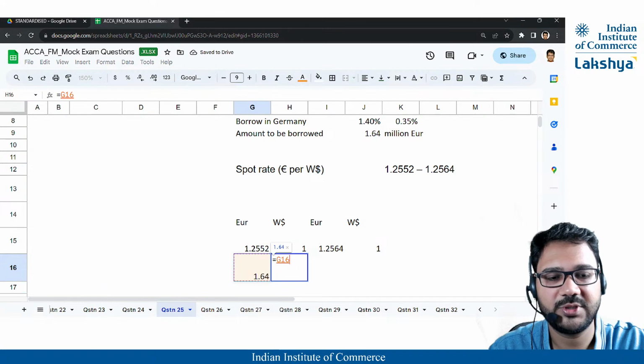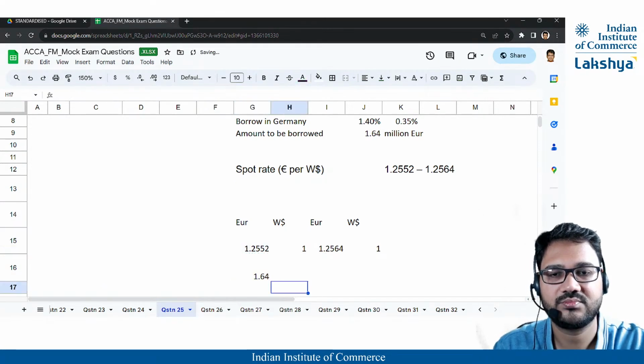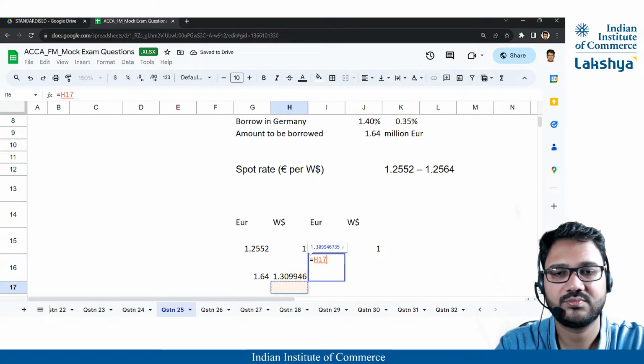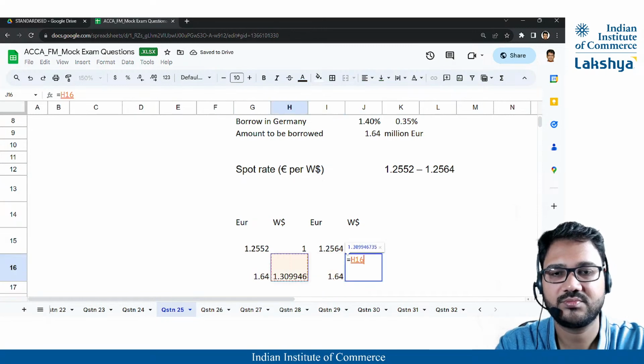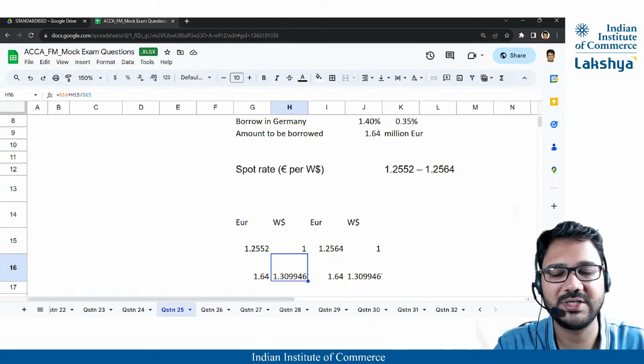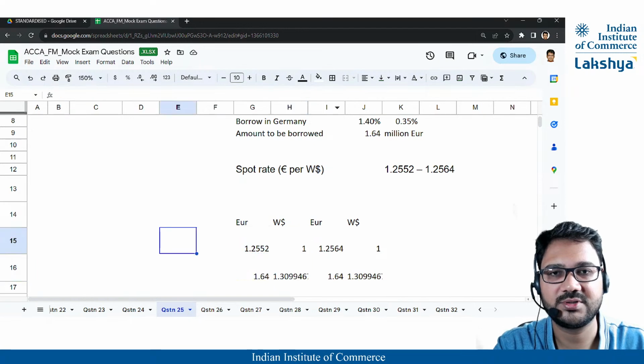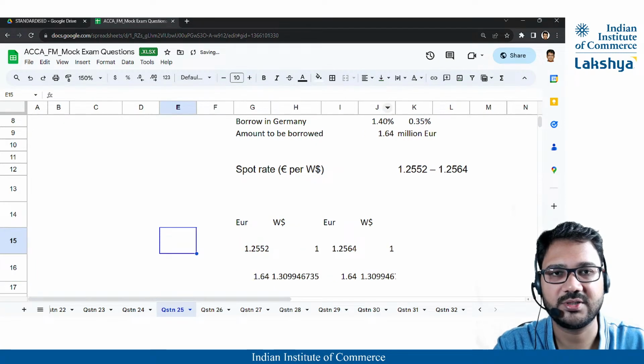So a cross multiplication. Just copy the same thing. Now the decimal points, because it's million dollars, we would need to increase the decimals and we'll get a better idea.